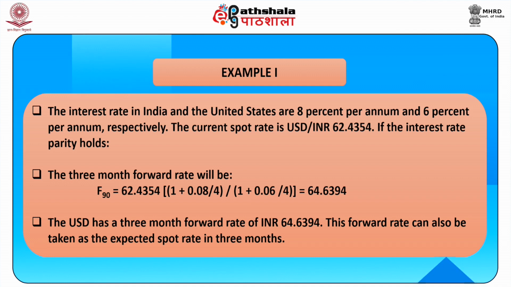The US dollar has a 3-month forward rate of Indian rupee 64.6394. This forward rate can also be taken as the expected spot rate in 3 months.